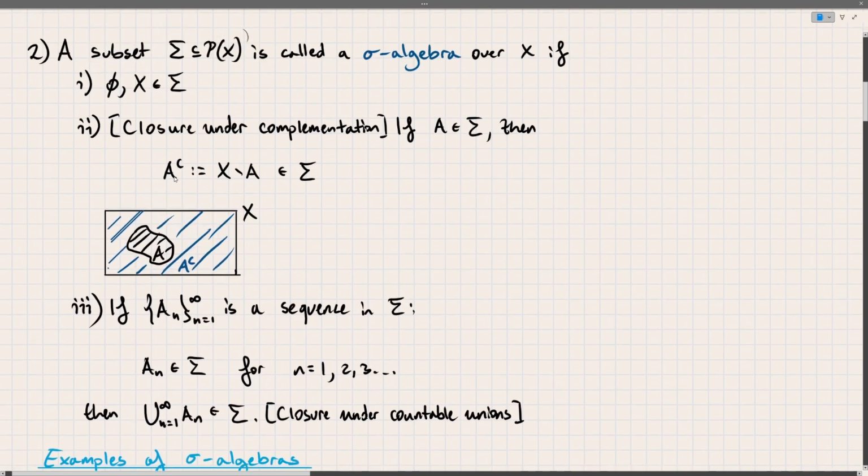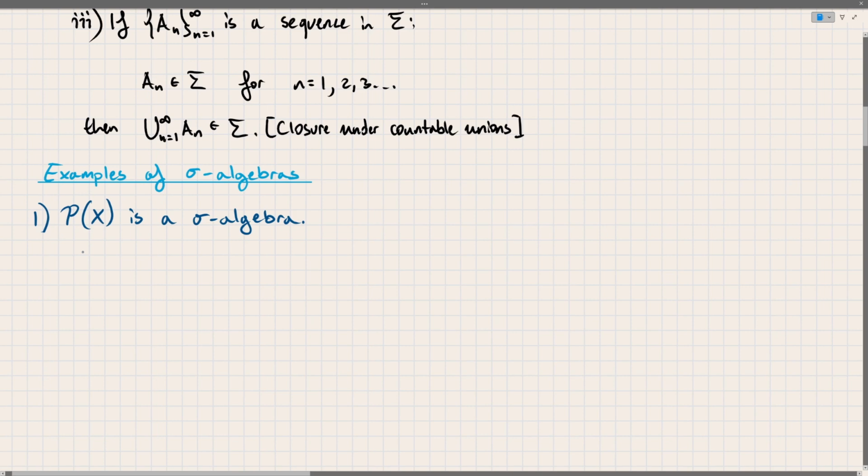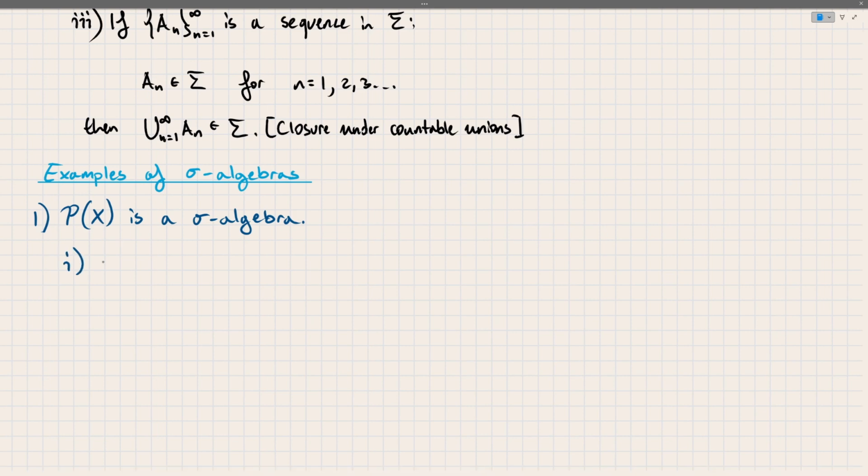To prove that the power set of X is a sigma algebra, we need to first verify that the empty set and X are elements of the power set. So we'll just look at condition 1. Is it true that the empty set and X are elements of the power set of X?